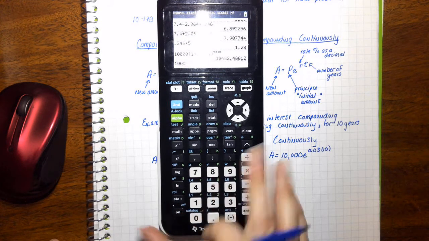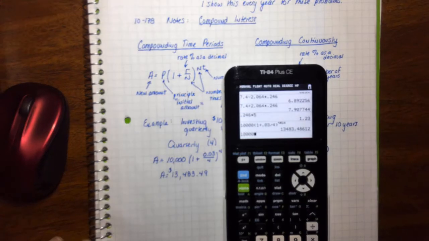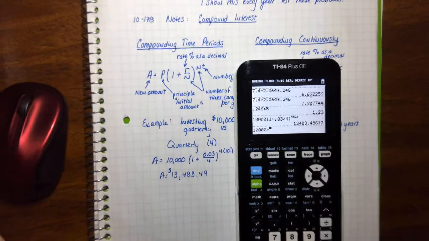So 10,000, and then do second ln to get e to the, there we go.